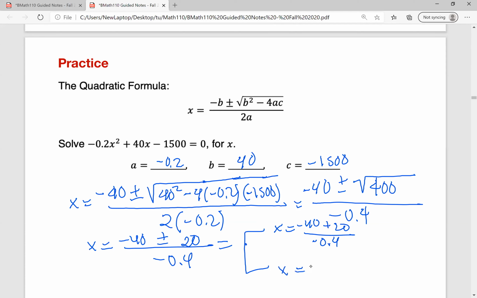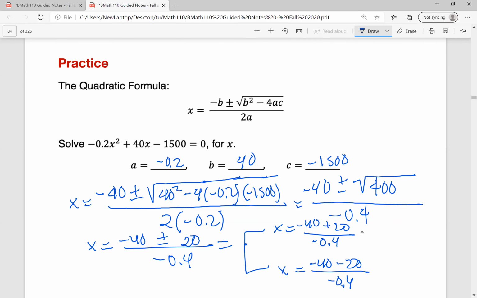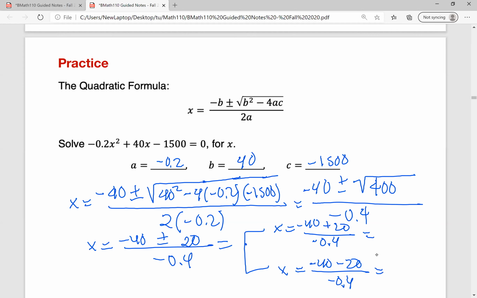The other one will be equal to (negative 40 minus 20) divided by negative 0.4.